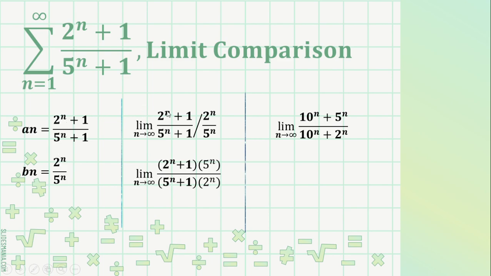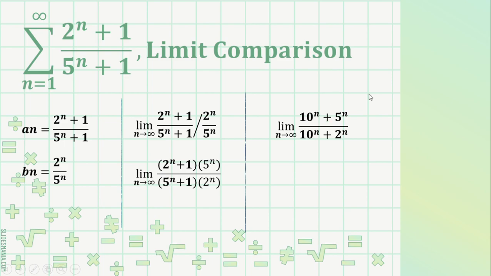Dividing means we multiply crossing, so it will be 2 to the power of n plus 1 times 5 to the power of n, over 5 to the power of n plus 1 times 2 to the power of n. And then we got this form, 10 to the power of n plus 5 to the power of n over 10 to the power of n plus 2 to the power of n.